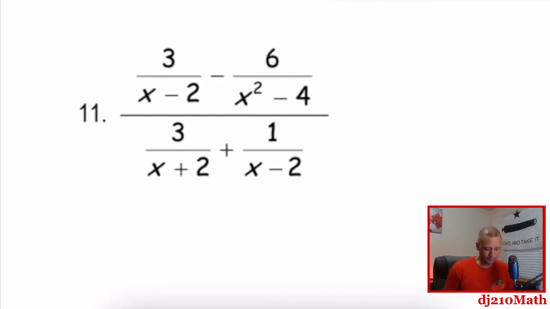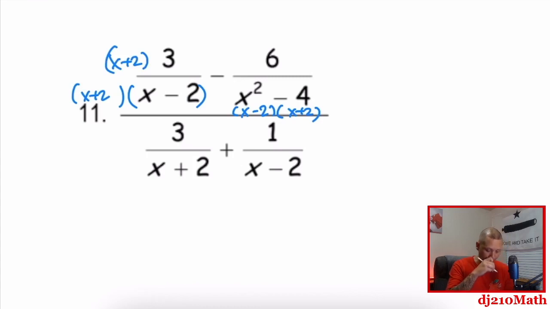All right, let's only work the numerator at first. So common denominator, I'm seeing difference of squares, x minus 2, x plus 2. So that means this side, x plus 2, x plus 2, top and bottom.